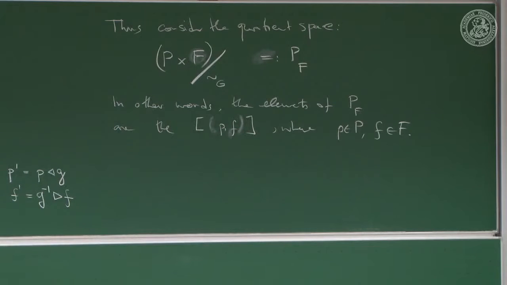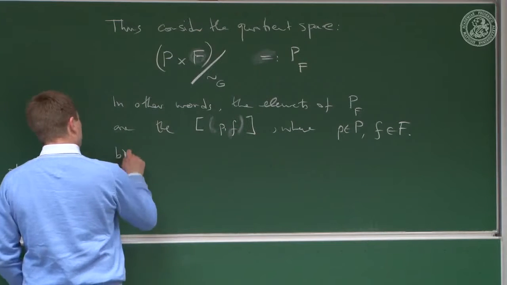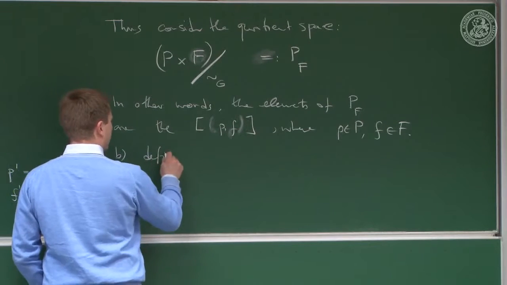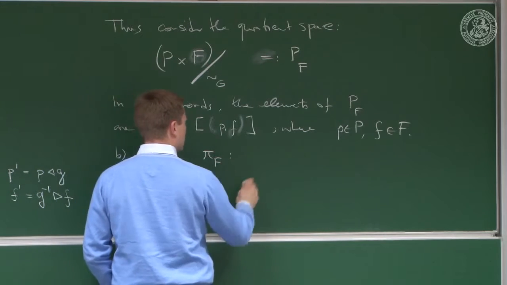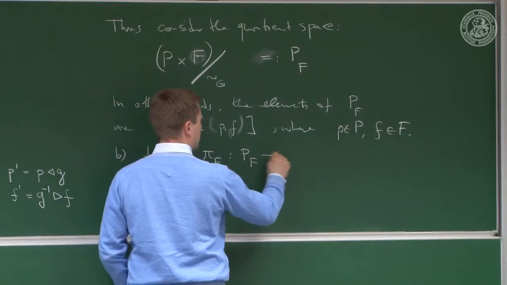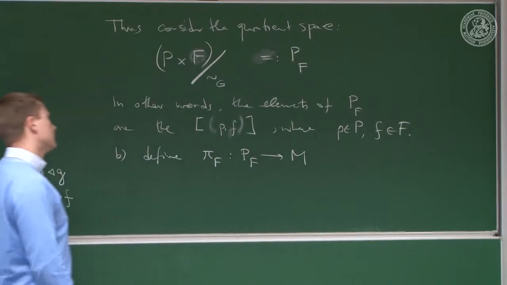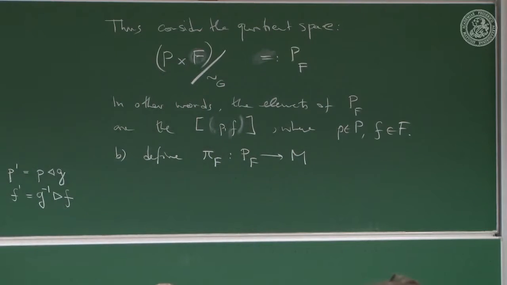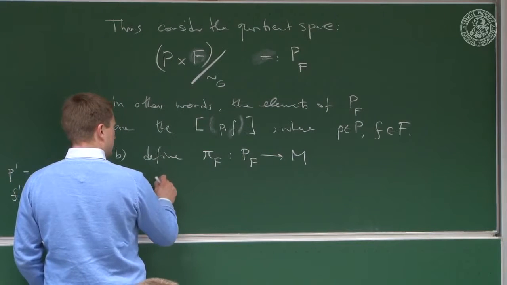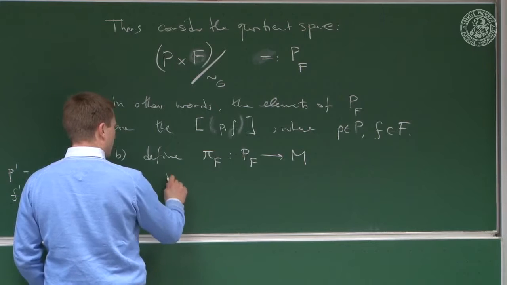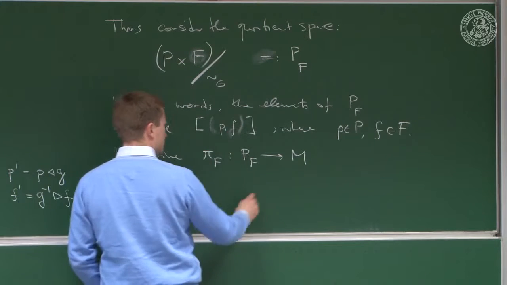Okay? So anyway, that's this definition. And then we define the associated projection map that goes from P_F down to M. Okay, we want such a guy. Now we can practice this for the first time.